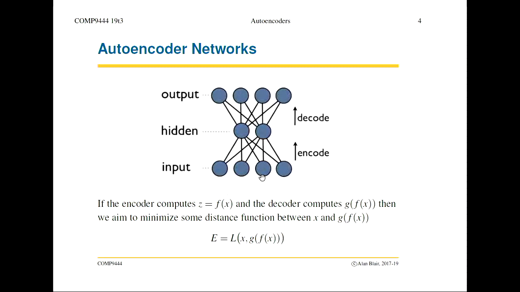So if we start out with X, and the encoder produces Z, which is f of X, and then the decoder is G of Z, then we're trying to train the output to be as close as possible to the input, so we're trying to reduce the distance between X and G of f of X, right?